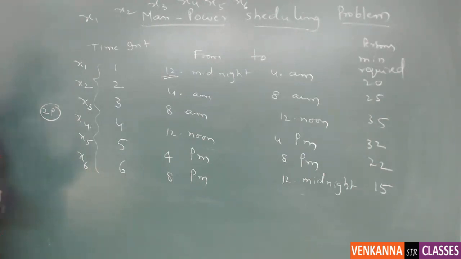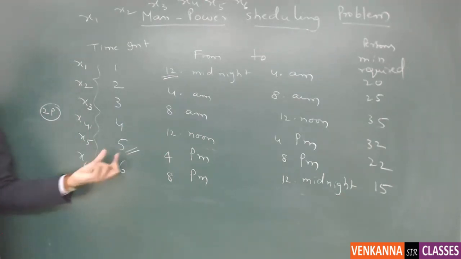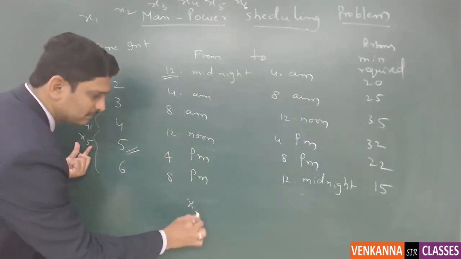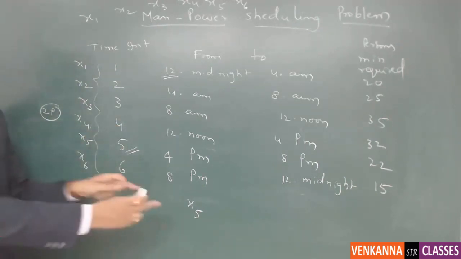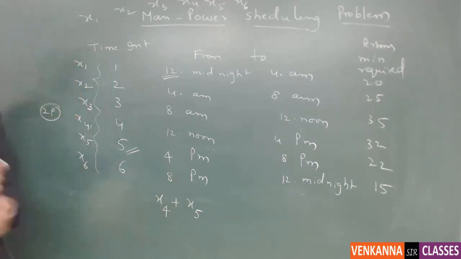So what happened here? If you set up a constraint for interval 5, x5 persons entered, and the previous interval's persons are also working here, so the total number of persons is nothing but x4 plus x5, isn't it?